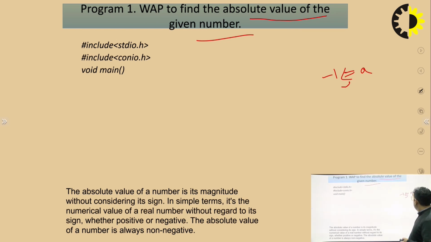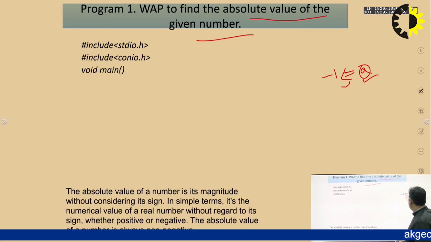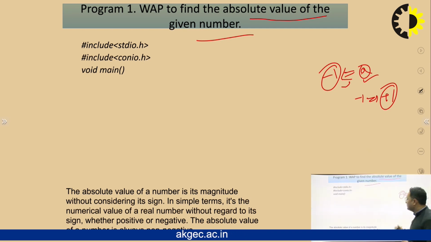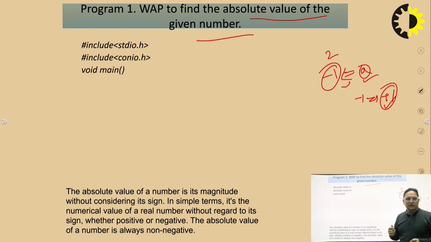The absolute value means the positive value of this, so -1 would be +1. Though the value of a is -1, the absolute value will be 1. And if this number had been a positive one, like 2, then it remains the same, so the absolute value of a in that case would be 2, right? So that's a quick explanation.